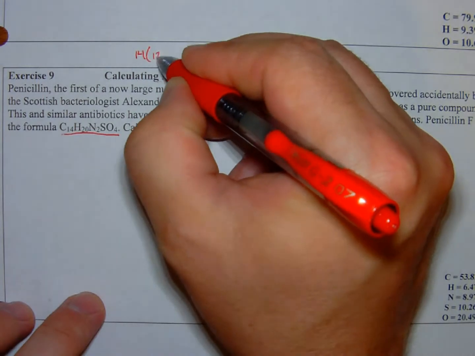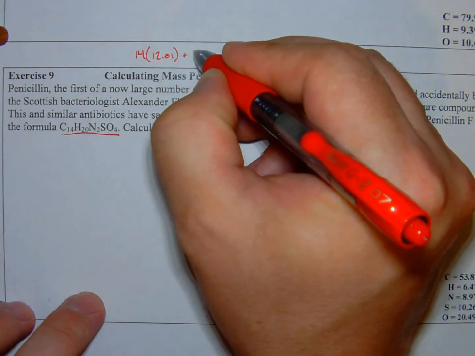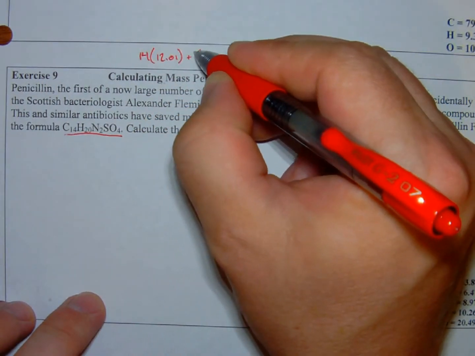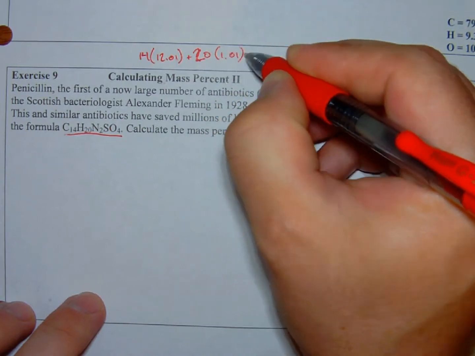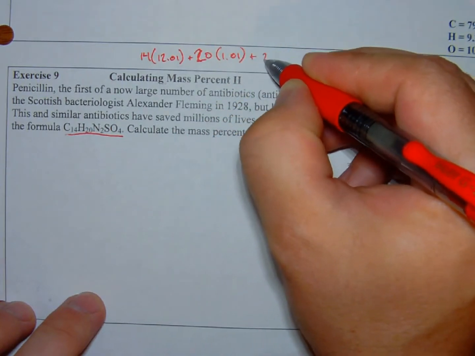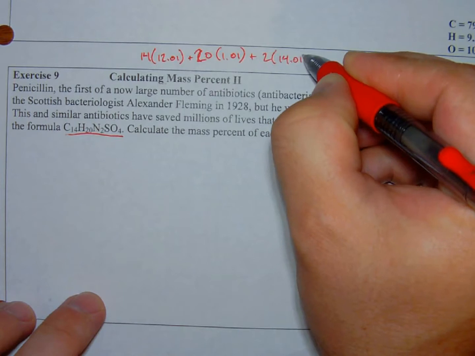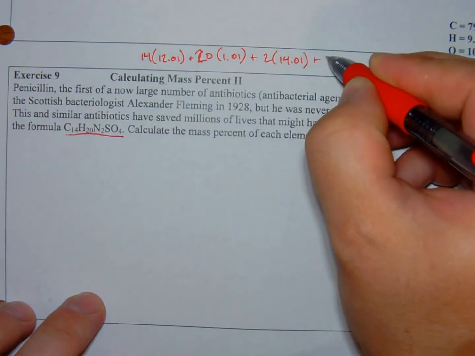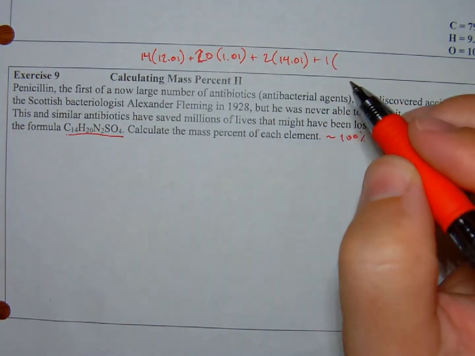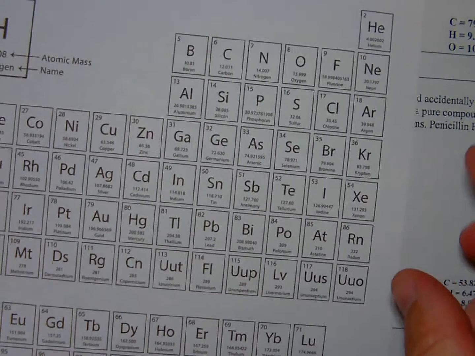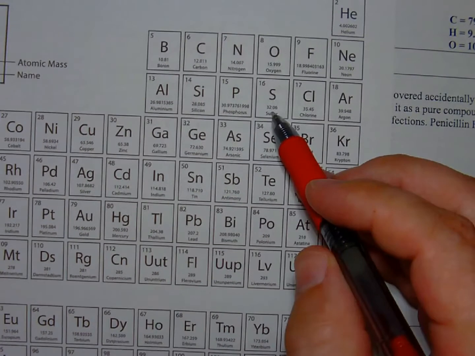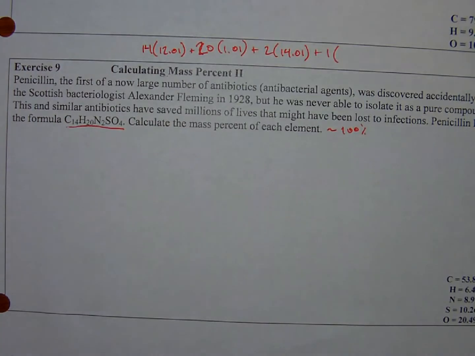There are 14 carbons. Sorry, there are 20 hydrogens. There are 2 nitrogens. There is 1 sulfur, which is coming in at 32.06.